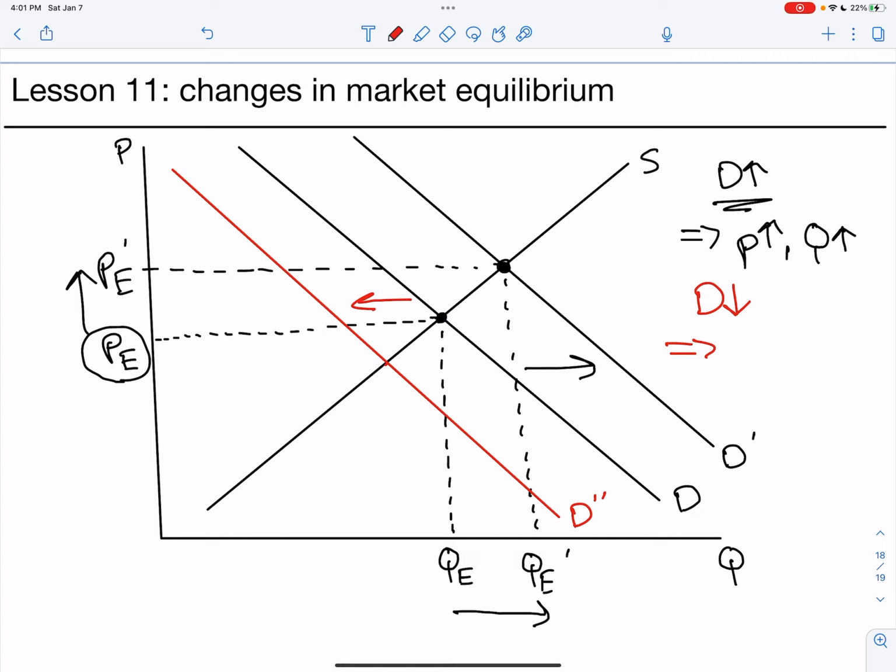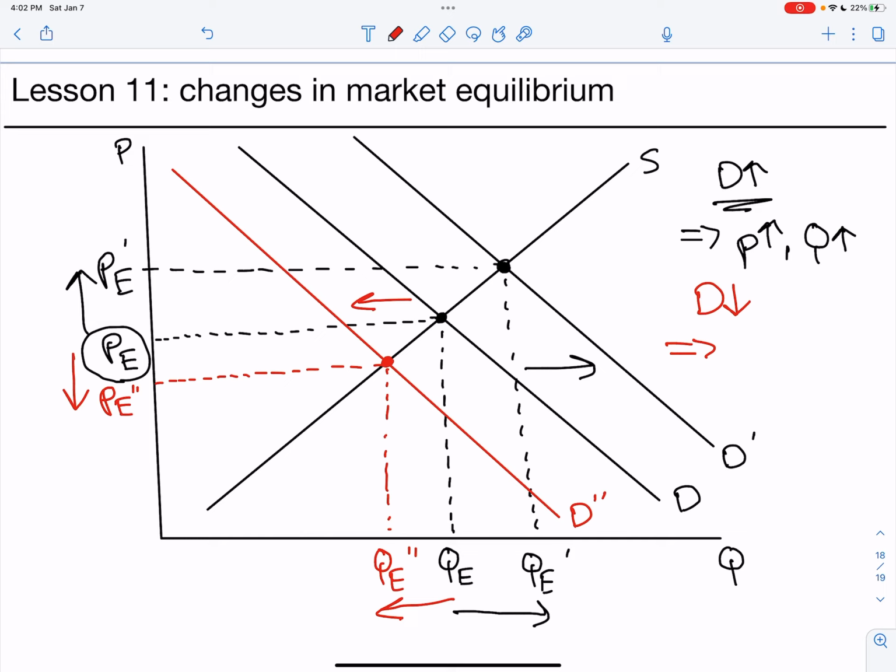And we simply draw our new equilibrium point using the initial supply curve. We can see that the exact opposite happens. We have a downward shift in price and we have a downward shift in quantity. What's the intuition for that?